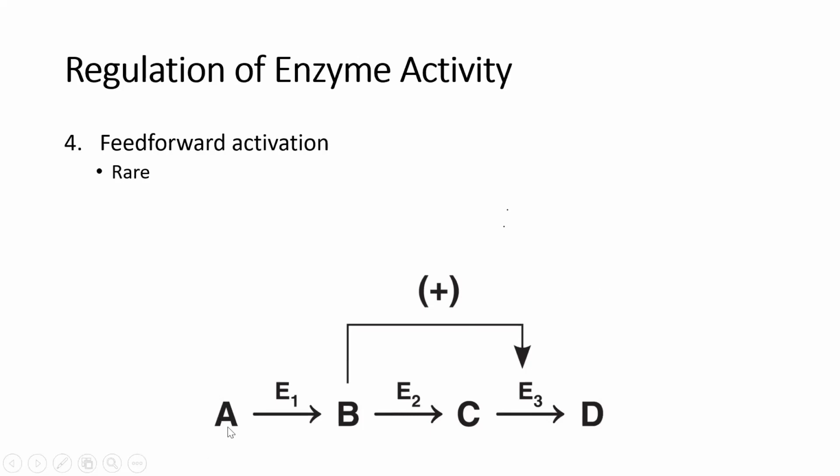So we've got A converted to B. If we have a lot of product B, then we can increase or speed up the rate of enzyme 3. That's just going to get the reaction moving faster downstream so that product B can be converted to C, and so on. So it's clearing the clutter downstream by speeding up the rate of enzyme 3 as a response to increased concentrations of product B.